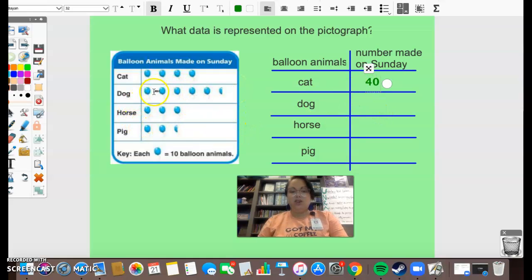Dogs, 10, 20, 30, 40, 55. Okay. Horse, we have 30 because there's 3 balloons and each one represents 10. And like we said before, pigs have 25 because of that half balloon.